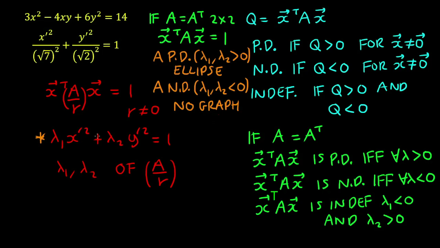So given the squared terms, if both of these eigenvalues are less than 0, then you can never get 1. And if A is indefinite, meaning both eigenvalues have opposite signs, then we see the quadratic form represents a hyperbola.